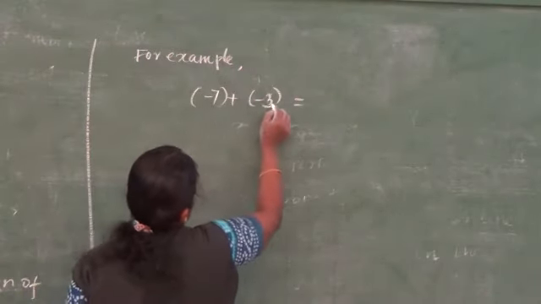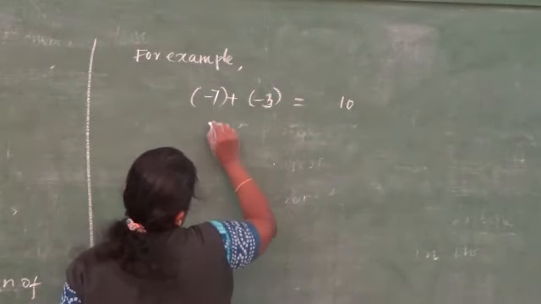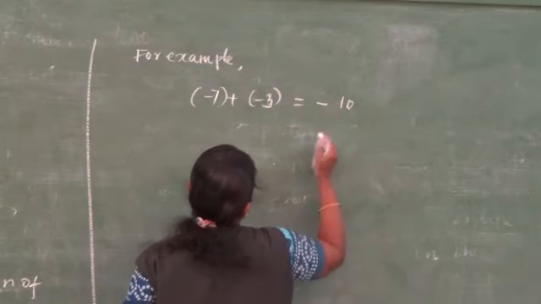According to our rule, have to add the numbers 7 plus 3, 10. You have to assign the sign of negative, so minus 10.